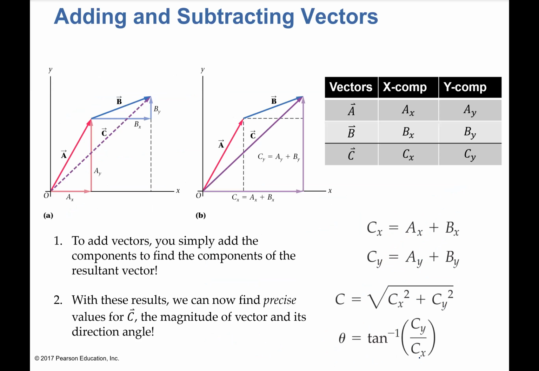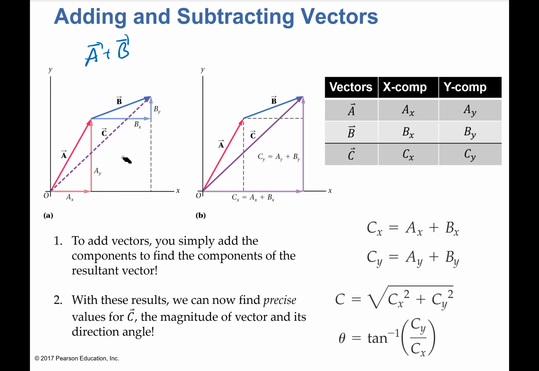All right, so the idea here, you can see in this diagram, here's vector A. It's a two-dimensional vector. And then this is my vector B, also a two-dimensional vector. They are not perpendicular or parallel, but I'm going to add those two together, A plus B, to get this vector C. That's my resultant vector, vector C.